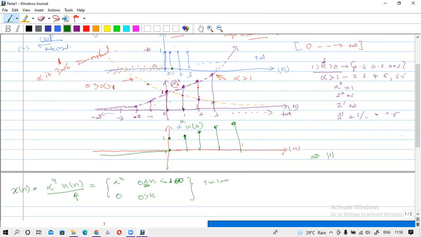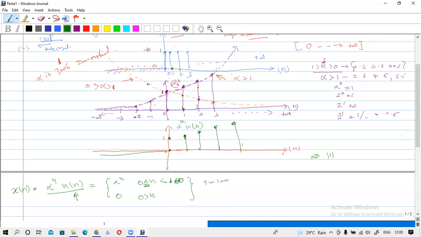Because this n is 0, 1, 2, 3, and this n is also 0, 1, 2, 3. But can we say that this 0, 1, 2, 3 and this 0, 1, 2, 3 are the same or not?